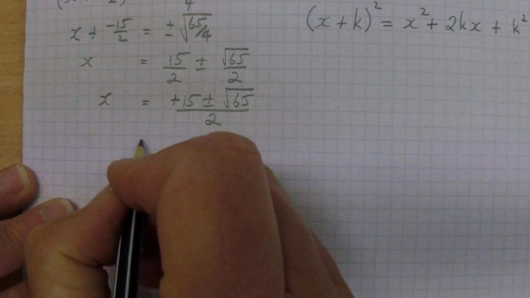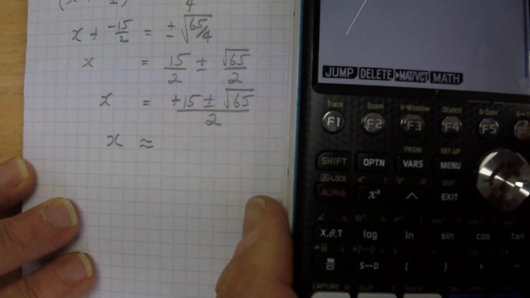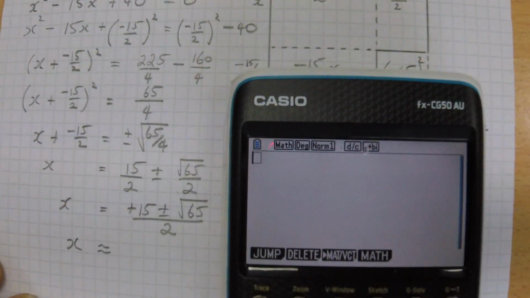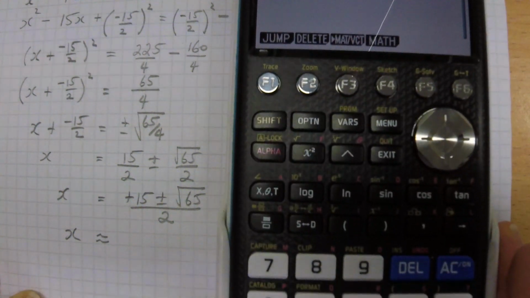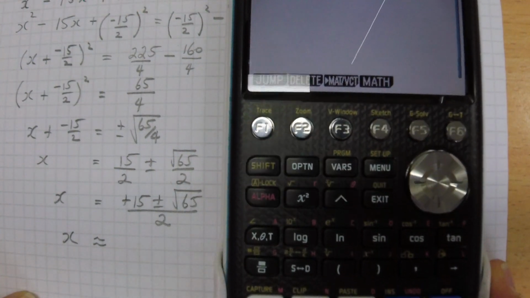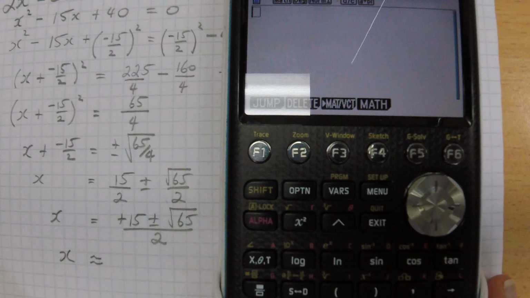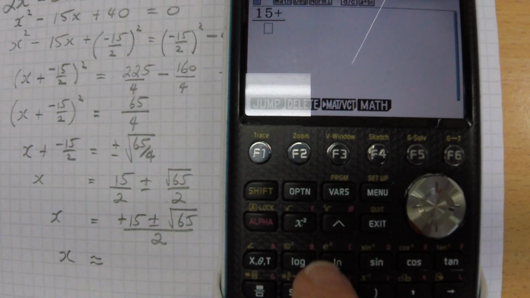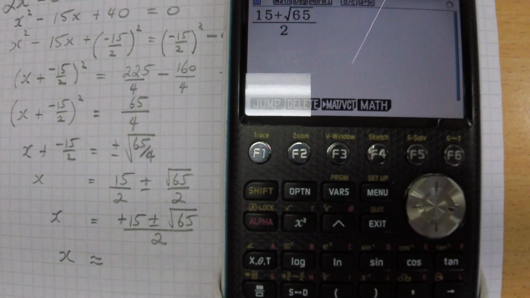If we had to express this approximately, usually we'd say to 3 decimals. Let's see if you can see the calculator screen there. Just having trouble getting everything on the screen. So I'll use the fraction key. I'll enter 15 plus the square root of 65 over 2.